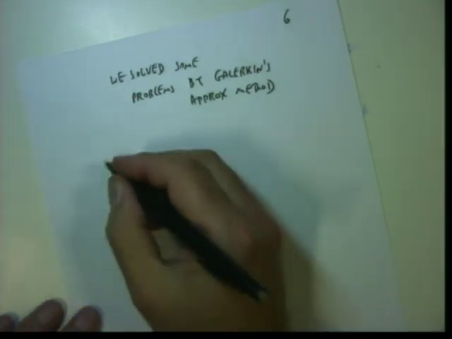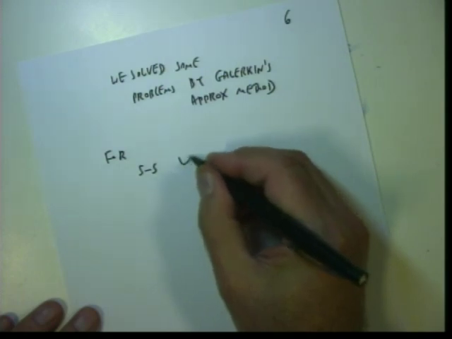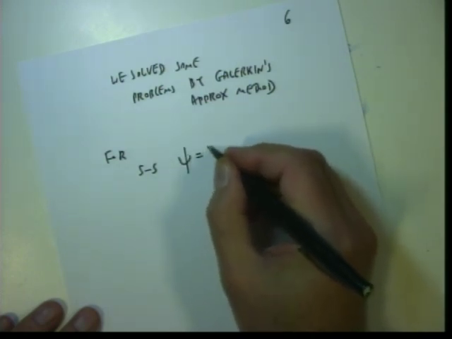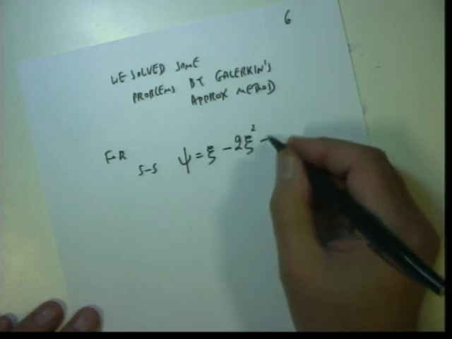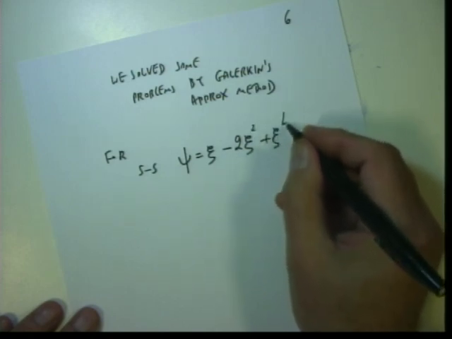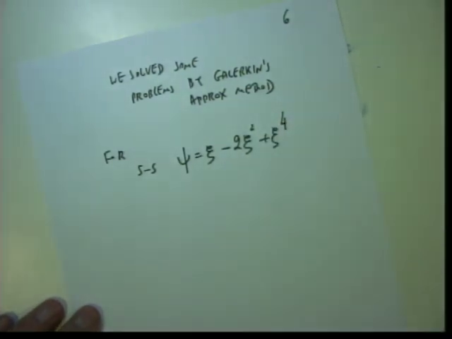For simply supported beams, we constructed such a function: psi equals psi minus 2 psi cubed plus psi in fourth power.